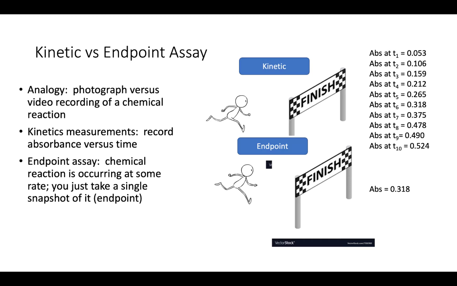So hopefully that makes sense. Both of them, the activity assay and the BCA assay, are reaction type assays. The difference is the activity assay, you're measuring the reaction over time. The BCA assay, you're measuring that reaction at a single time point.